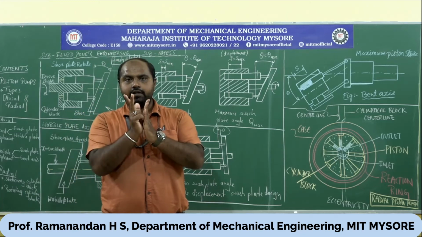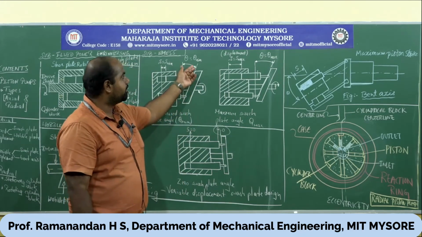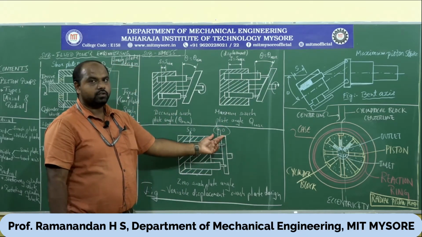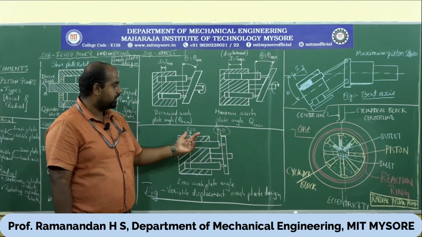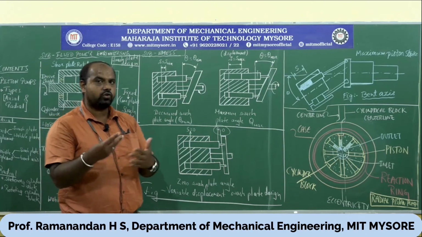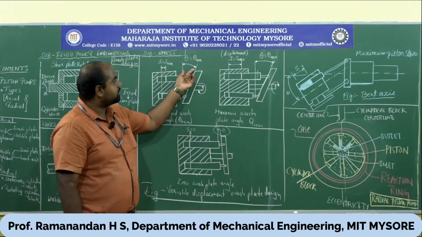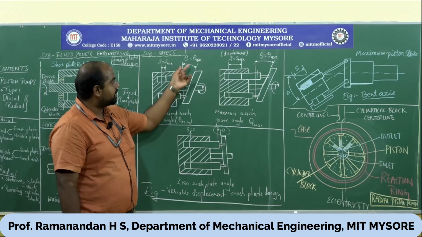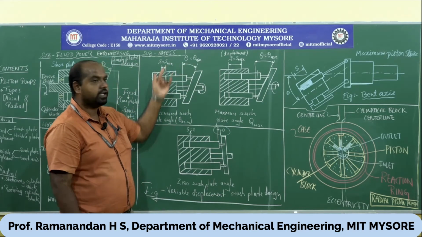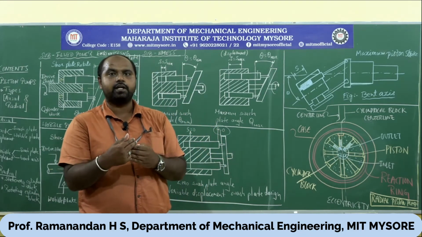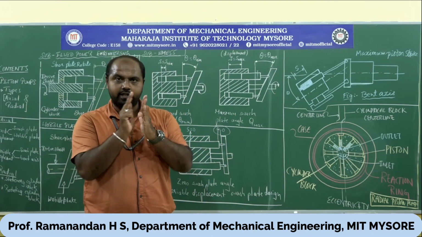By varying the angle, I have shown three cases here: minimum angle, maximum angle, and zero angle. If the angle is zero, displacement is also zero, there is no fluid being discharged from the pump. If this angle is minimum, that means you have provided minimum permissibility for the piston to travel inside the cylinder.